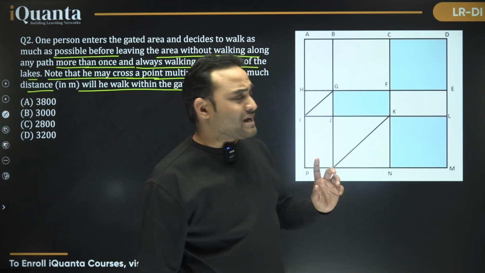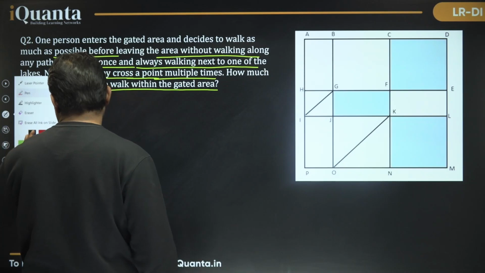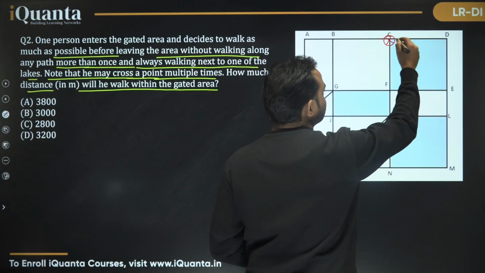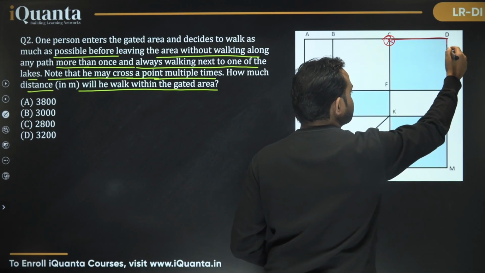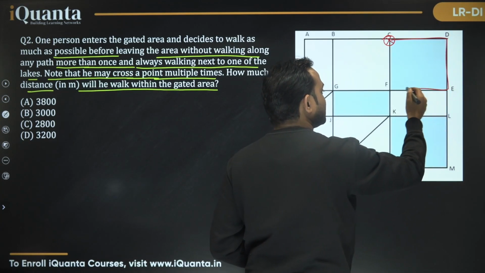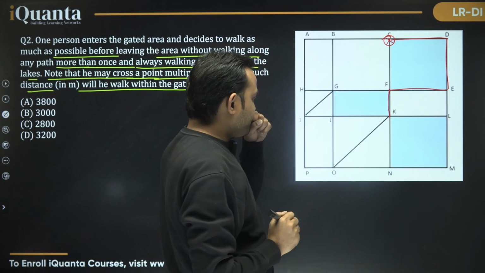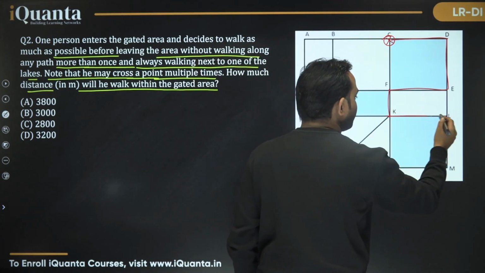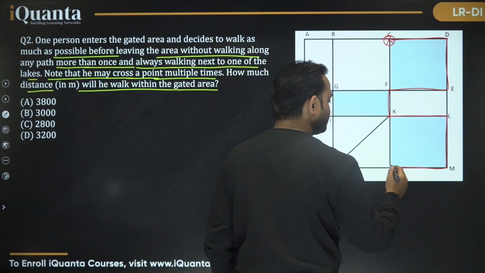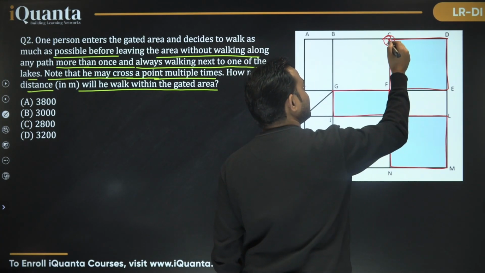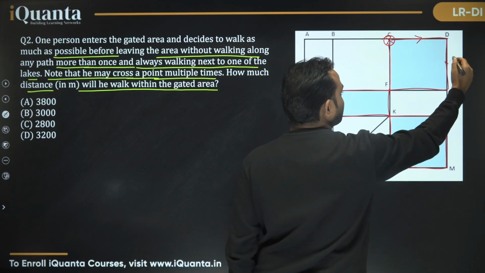Doesn't matter the direction, but if you check it, we can enter from D, going from C to D, D to E, then here, and then covering this one, and then returning to this one. This will be the direction.